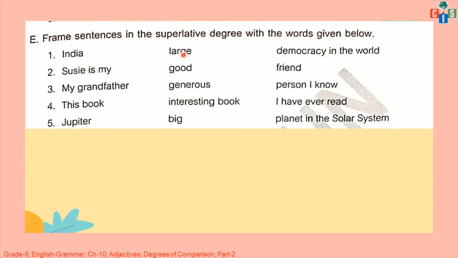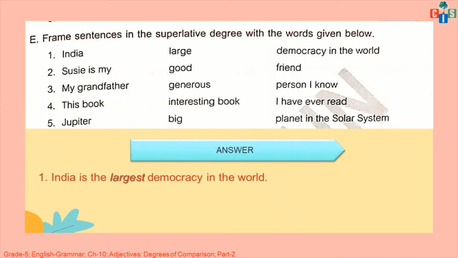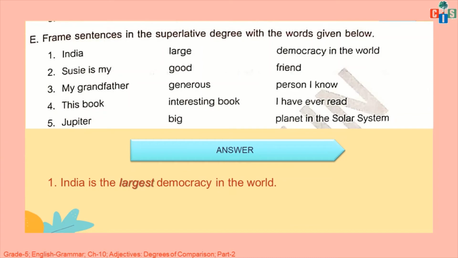Okay, for example, here hints are given: India, large, democracy, in the world. So how will I change these words into a meaningful sentence in the superlative degree? India is the largest democracy in the world.